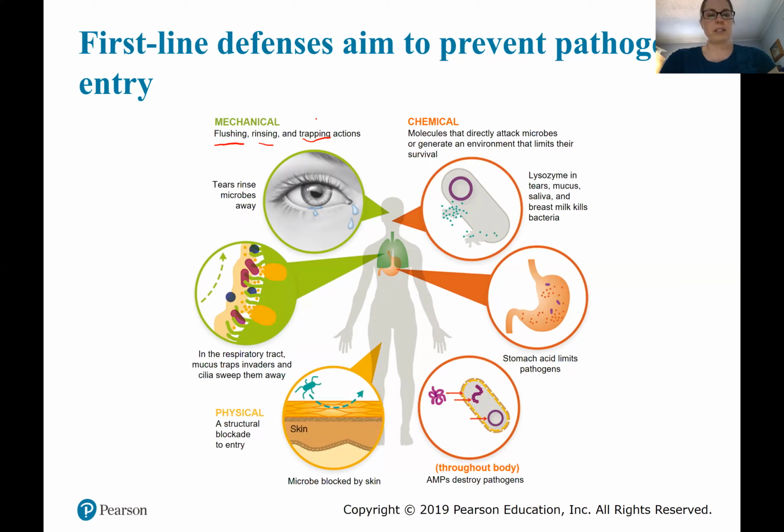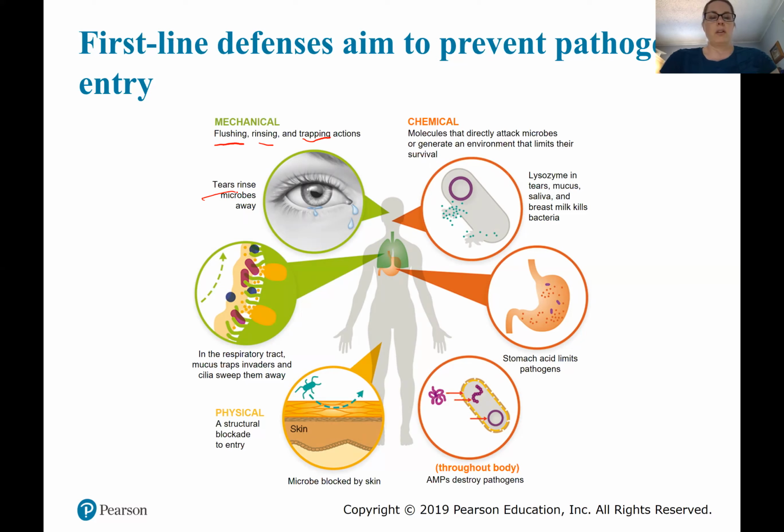substances. So for example, tears wash dirt away. If you get something in your eye, it waters. It's helping to wash not only that big piece of sand or whatever that's in your eye, but also any microbes that have come along with it.